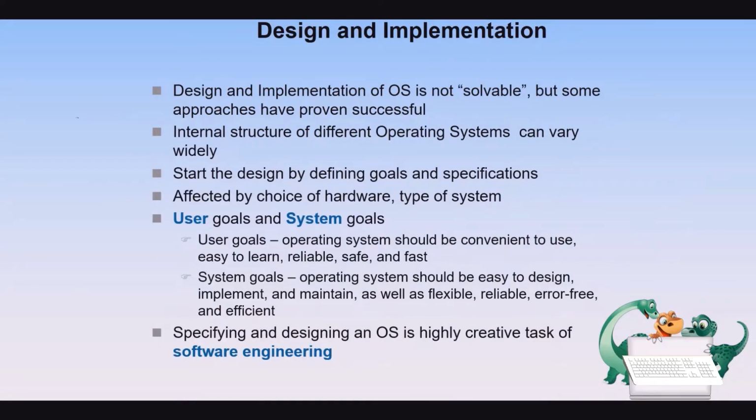Okay. Next is design and implementation. So design goals, basically requirements, define properties which the finished system must have and are a necessary first step in designing any large complex system. So there is what you call a user requirement.